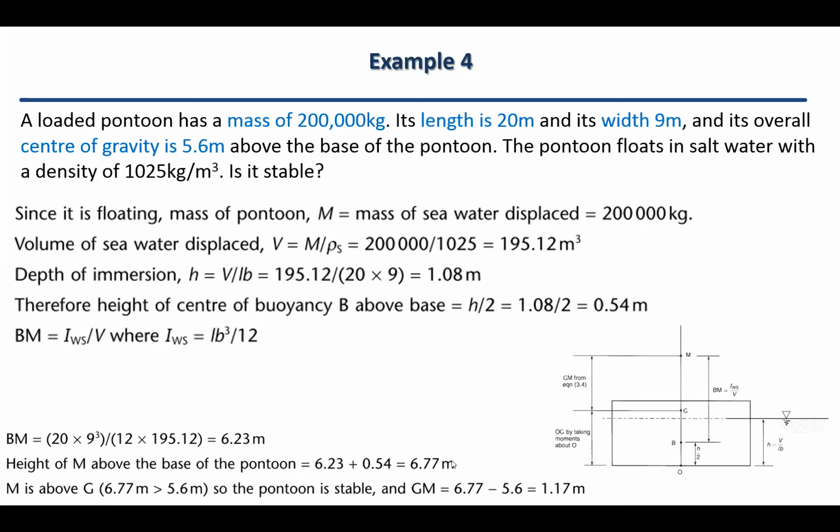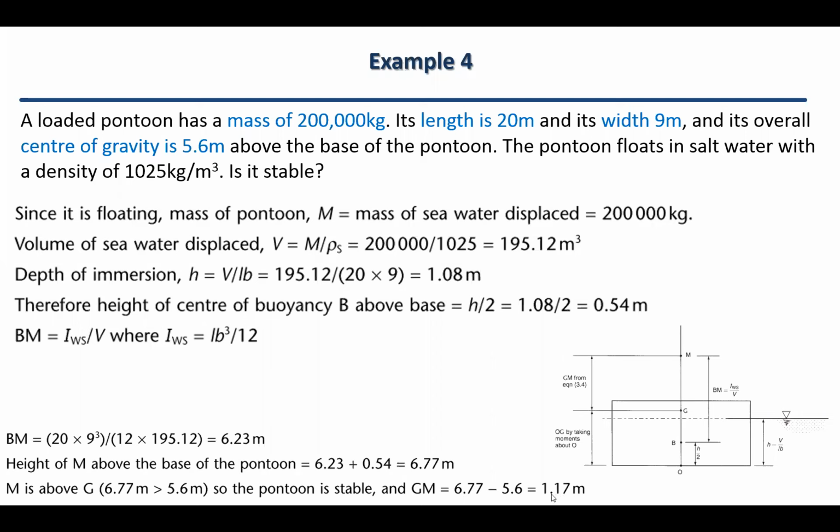So 6.77 meters minus OG, the center of gravity, 5.6, will give us GM. OM minus OG, which is 6.77 minus 5.6, is equal to 1.17 meters.